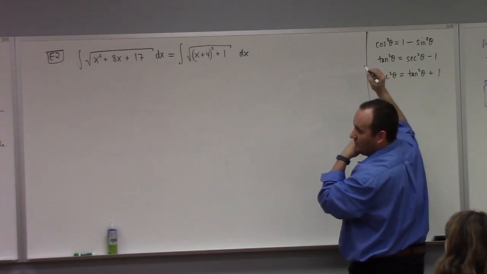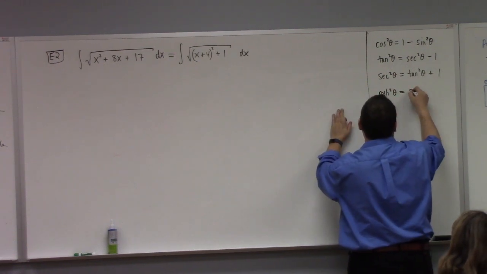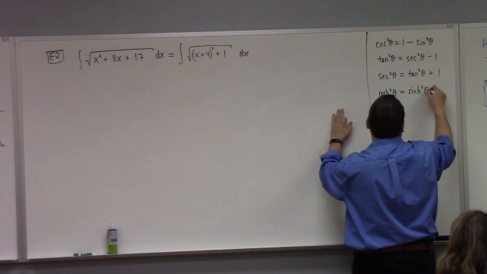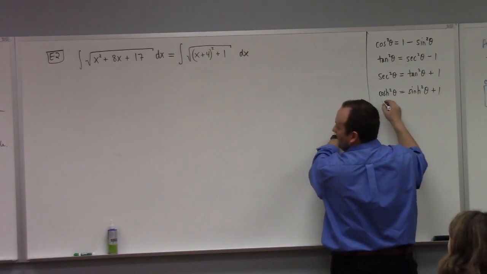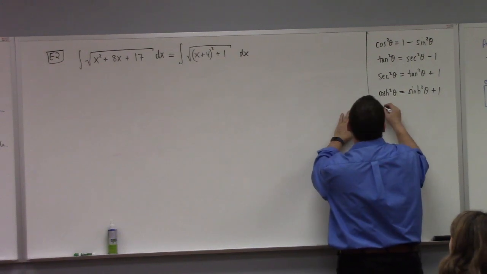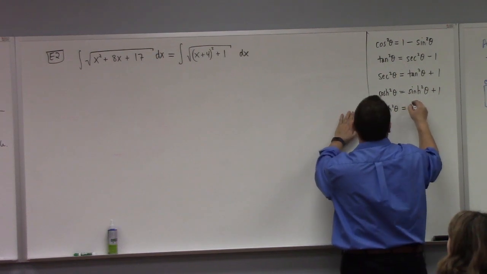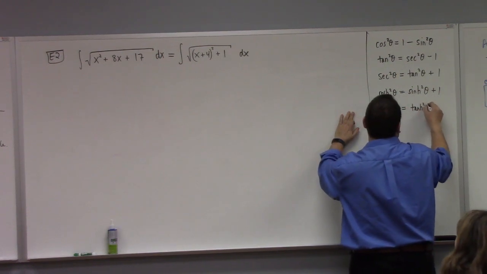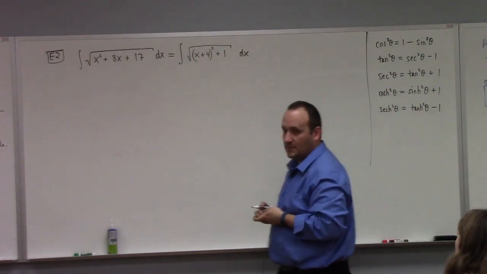And how about the cosh and sinh? Cosh squared theta equals sinh squared theta plus 1. And hyperbolic secant squared, that's 1 minus tanh squared theta. So these are some patterns we should keep in mind.